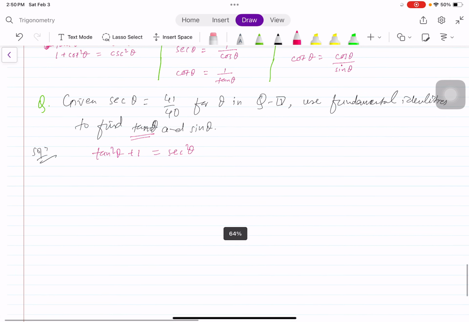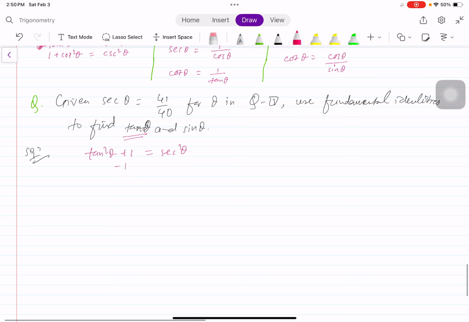First I will subtract 1 from both sides, and then I will take the square root on both sides. Taking the square root on both sides gives tangent of theta equals plus minus square root of secant squared theta minus 1. Now, since we know the value of secant, we will directly plug it in.